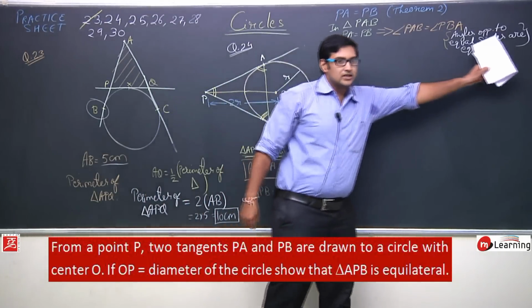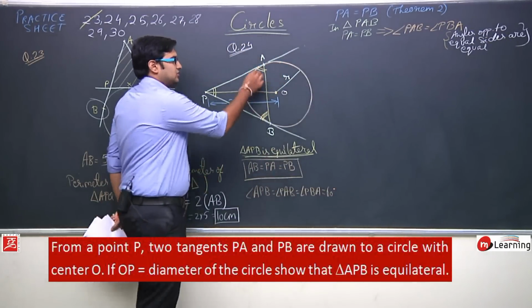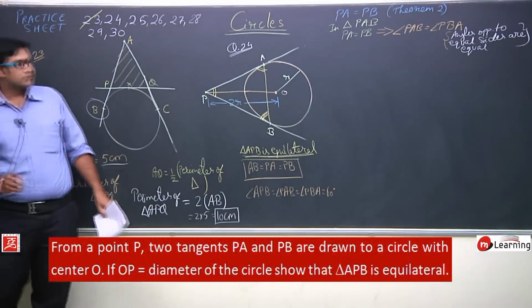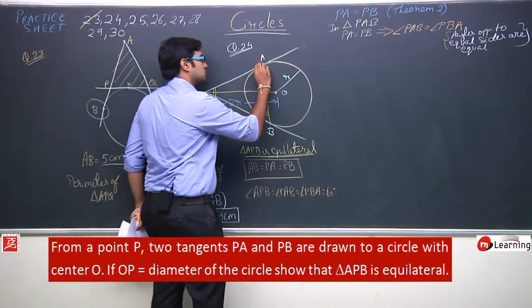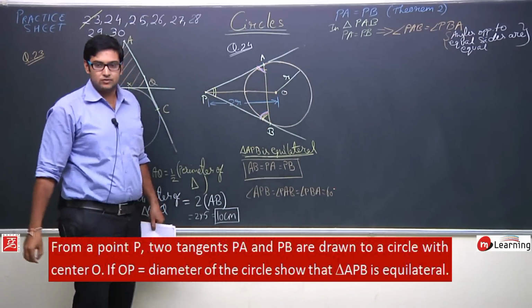This is the condition that you can deduce, that you can use. So now we have these two angles equal. Let us first mark these two angles. So we have proved these two angles as equal.